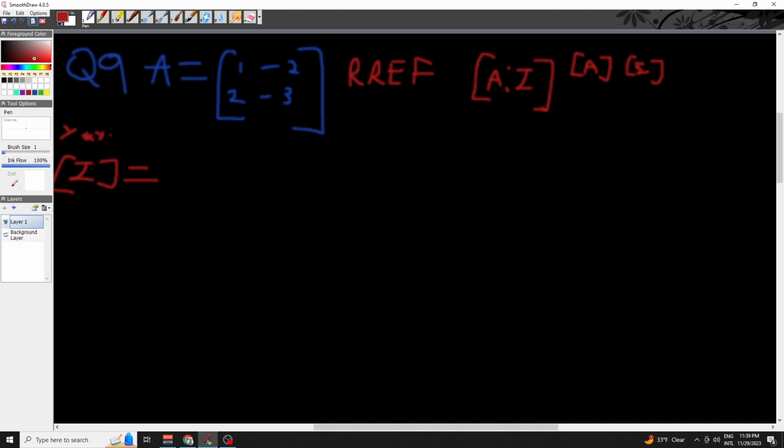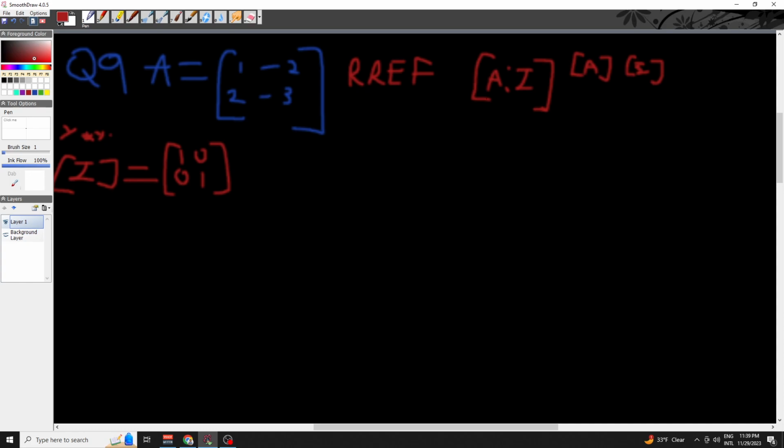So for instance, a 2 by 2 would look like this, or maybe a 3 by 3 would look like this. In this case, it's a 2 by 2 because A is also a 2 by 2, and it seems convenient.